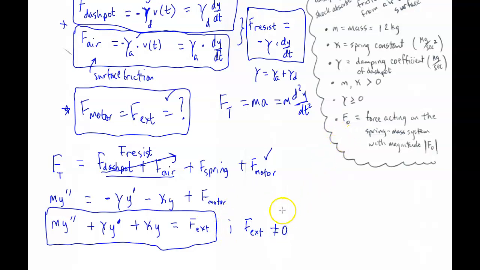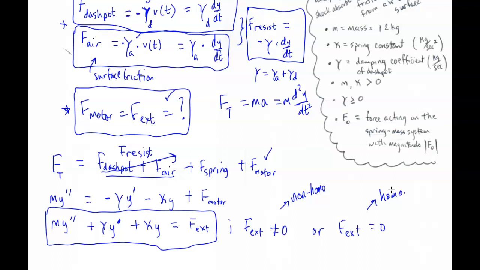Okay? So if it's this, it would be non-homogeneous. If our external force was zero, then our equation would be homogeneous at that point.